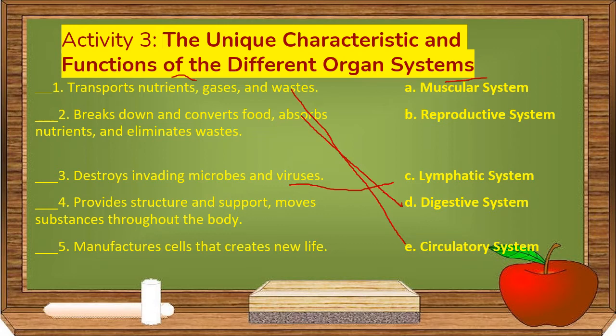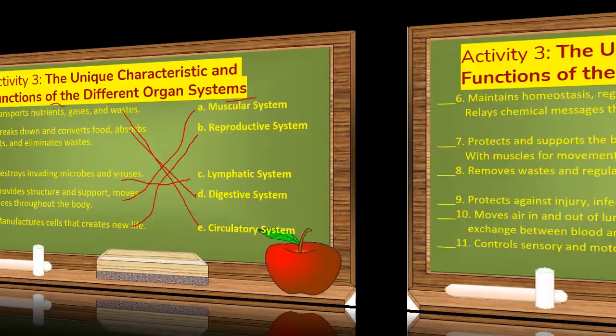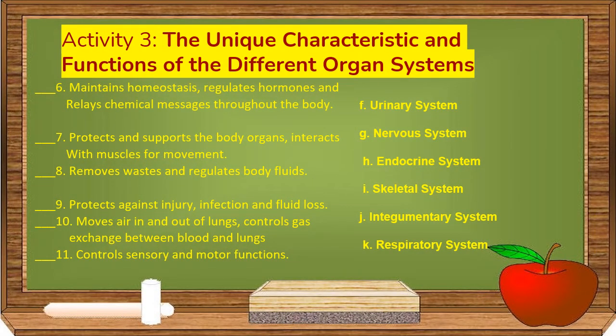For number 4, provides structure and support, moves substances throughout the body. That is muscular system. And the last one, manufactures cells that create a new life, is known as the reproductive system. For number 6, maintains homeostasis, regulates hormones, and relays chemical messages throughout the body. Which organ system? It's the endocrine system. Next, let's have number 7.